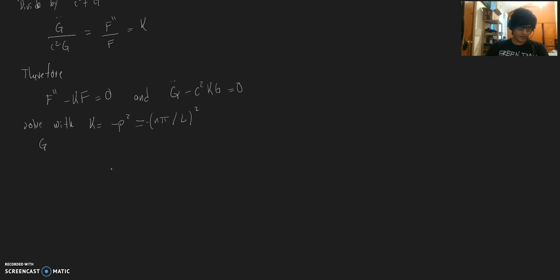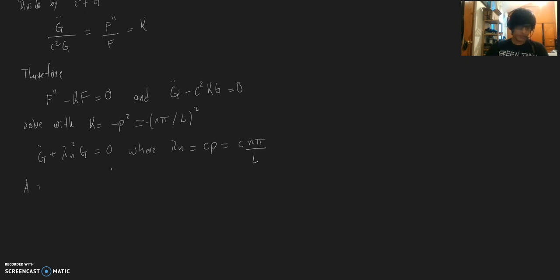So we obtain something like this: g double dot plus lambda n squared g is equal to 0, where lambda n is equal to c times p, which can also be represented by c times n pi over L.